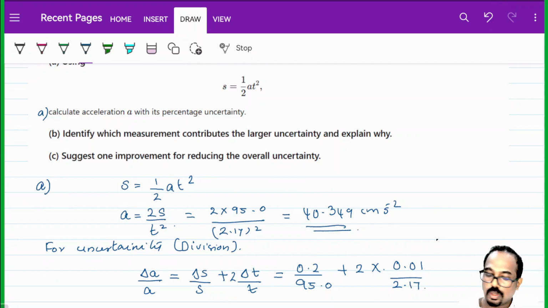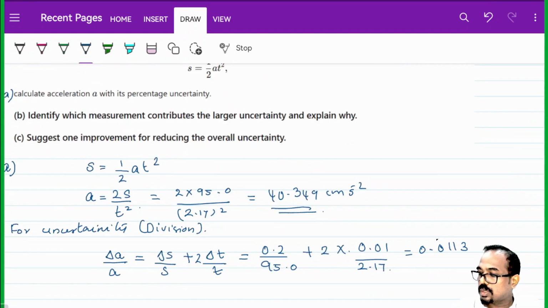Putting these values in the calculator, you get 0.0113. Multiply by 100 for the percentage uncertainty: approximately 1.13 percent.